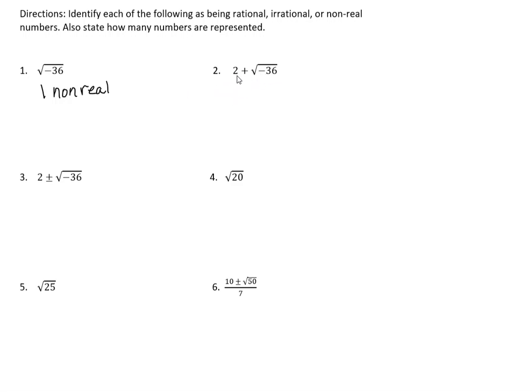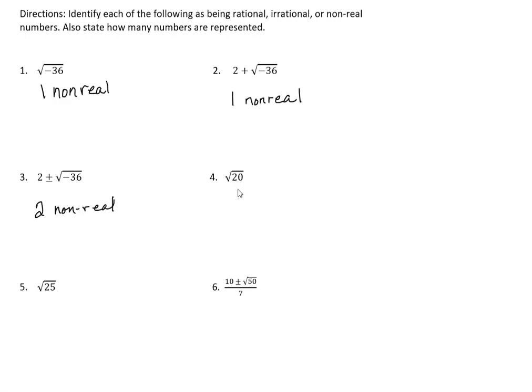Even though this +2 over here is added, this is still a non-real, or we call it a complex number. One non-real number. In problem 3, it's very similar to problem 2, but I have this plus or minus here, which tells me I actually have 2 numbers. I have 2 plus the square root and then 2 minus the square root. So here I have 2 non-real numbers.